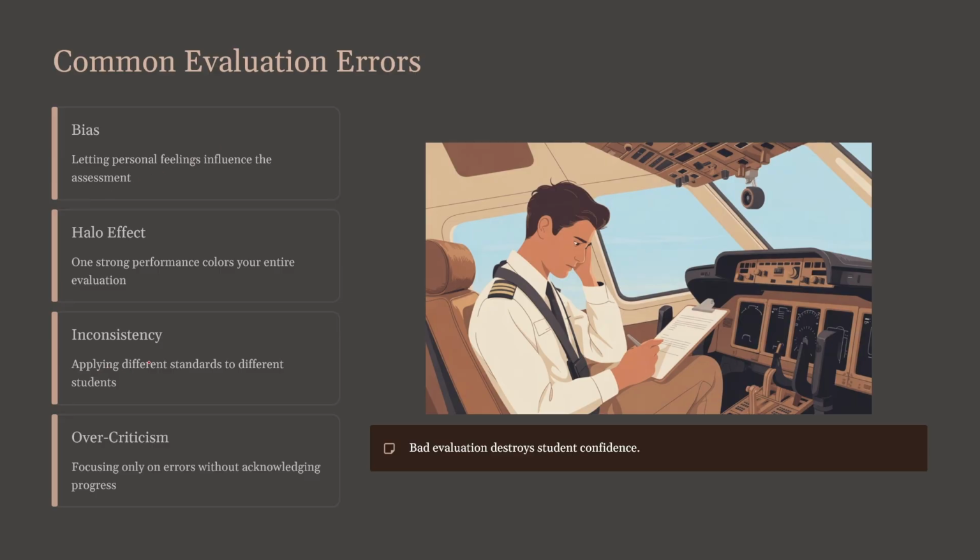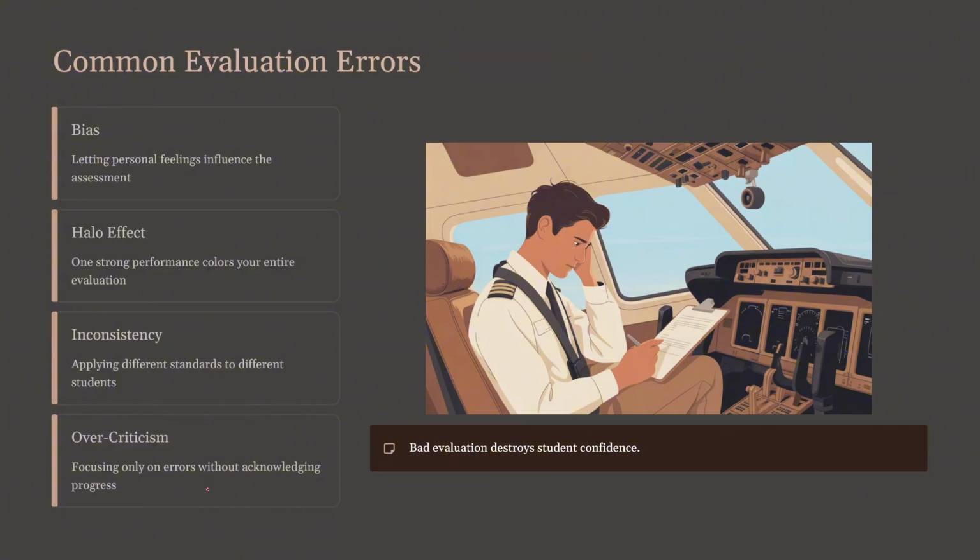Inconsistency happens when different standards are applied to different students, or even to the same student at different times. And overcriticism happens when the instructor focuses only on errors and ignores improvement or strengths.